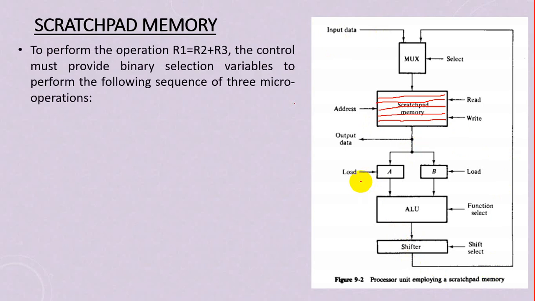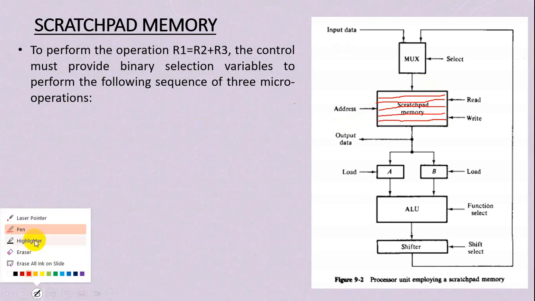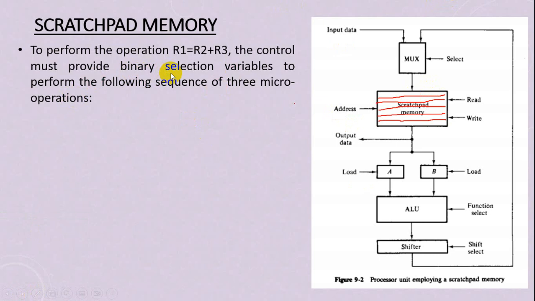To perform the operation R2 plus R3 and store the result in register R1, the control must provide binary selection variables to perform the following sequence of 3 micro operations. Look over here. In clock cycle T1, we need to read word A from the memory. This is R2.